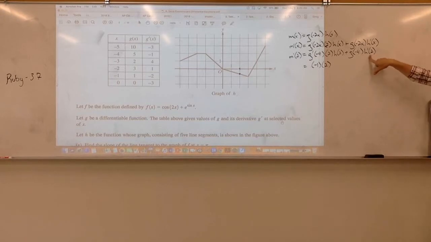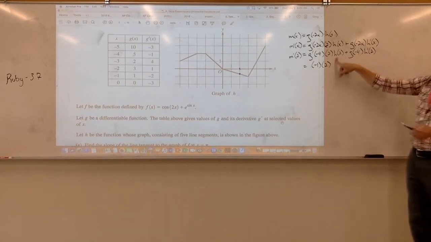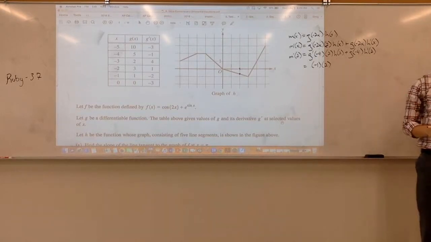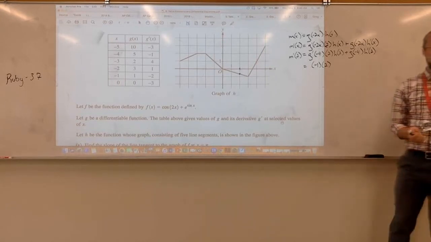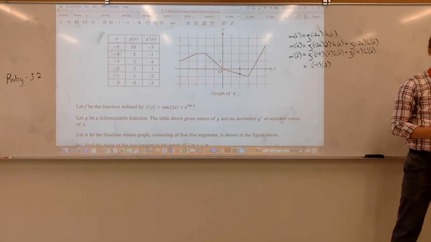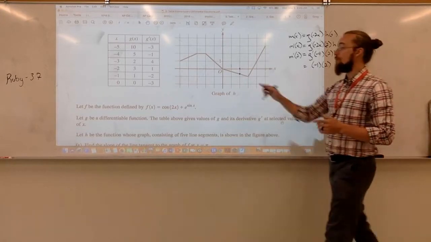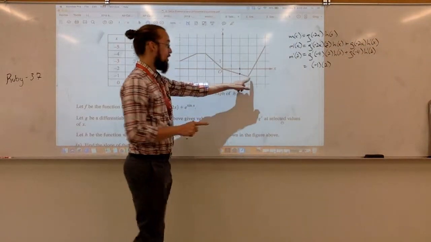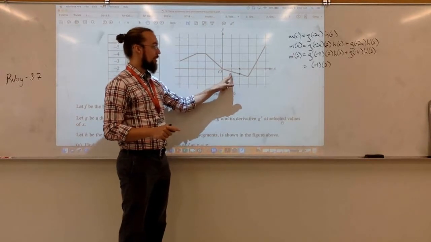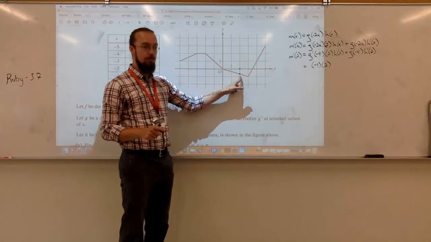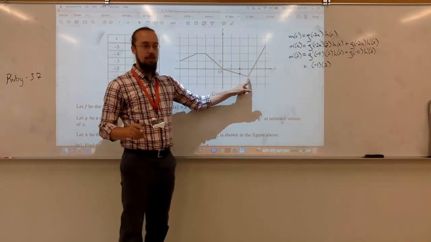Well, h prime of 2 would be the slope. H of 2, we would use the slope to find. So if we know the slope is negative 1/3, this point would be 1, negative 1/3. This would be 2, negative 2/3, 3, negative 3/3.